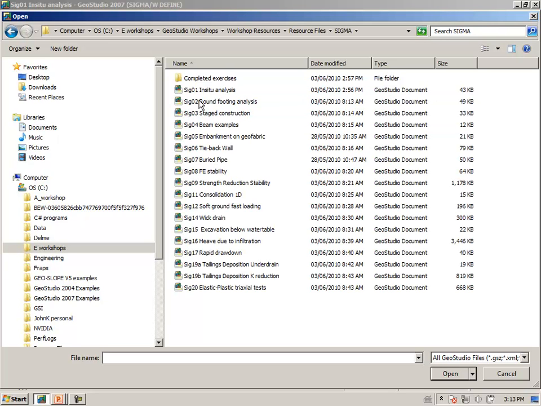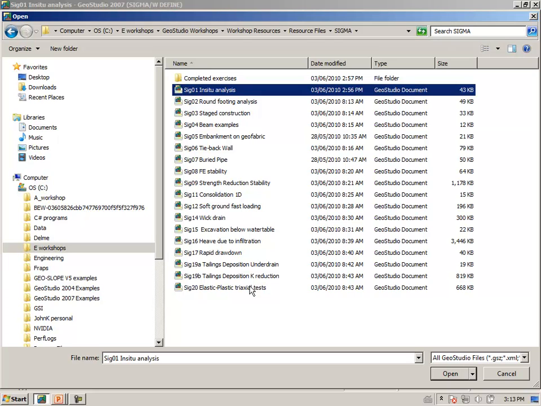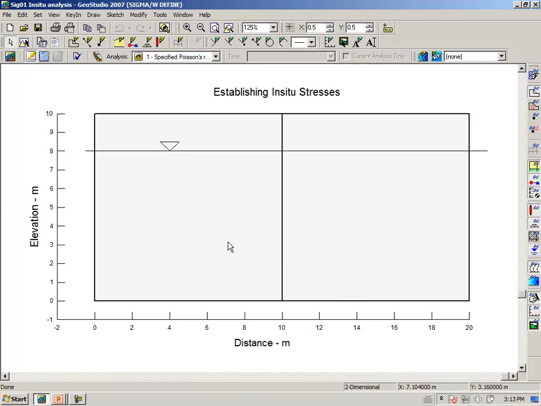SIG01. The problem has been sketched for you. We need to create materials, apply the material, define the pore pressure conditions using a water table, apply the correct boundary conditions, and then do the in situ analysis.